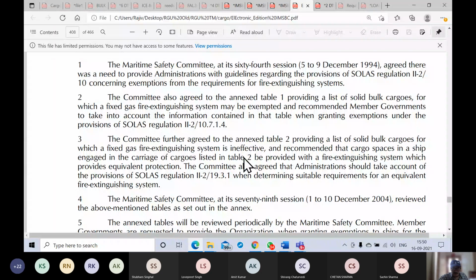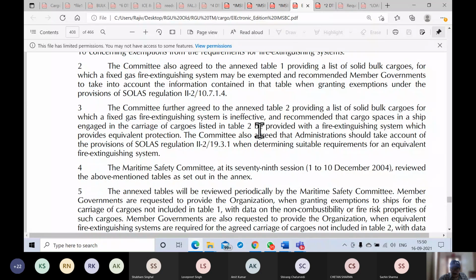If this cargo is loaded, then you are aware that it does not require a fixed gas firefighting system. The gas firefighting system is exempted. It was recognized that it is ineffective. That is why they are exempted.